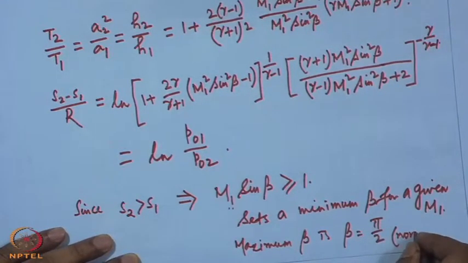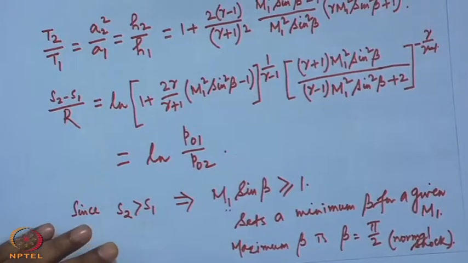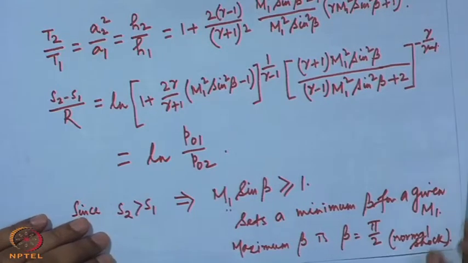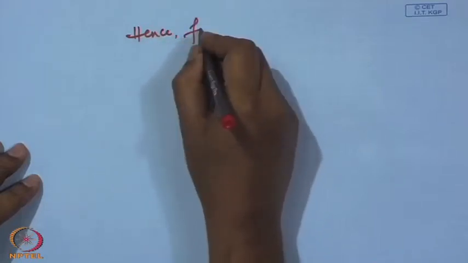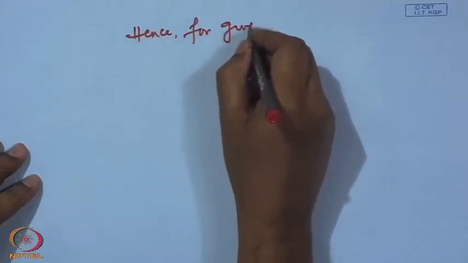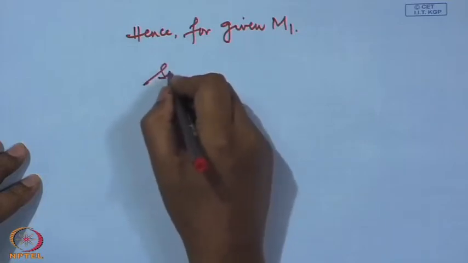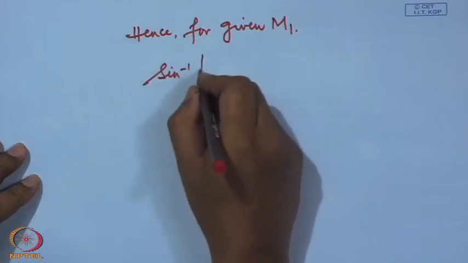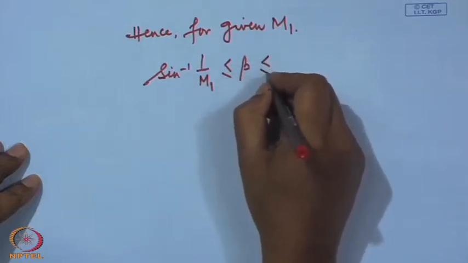Hence, for a given M1, beta lies within the range sin inverse 1 by M1 less than beta less than or equal to pi by 2.